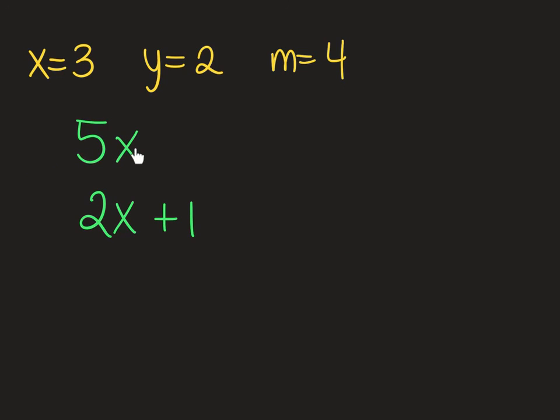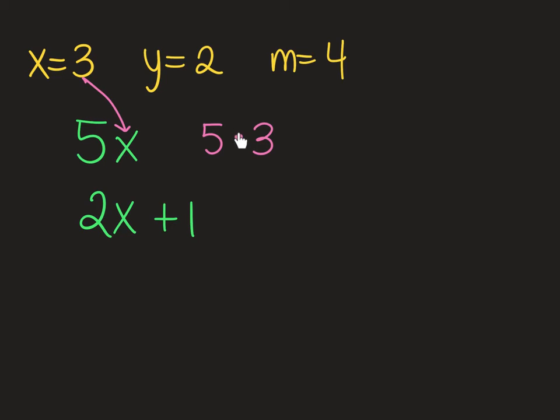All right, let's look at these questions. My first one is 5x. If you ever have a number and a letter right next to each other, I call them smooshed. If they're smooshed together, smooshing means multiply. So that means 5 times 3 because x was 3. And I decided to use a dot because it looked weird if I used an x, since we already had an x.